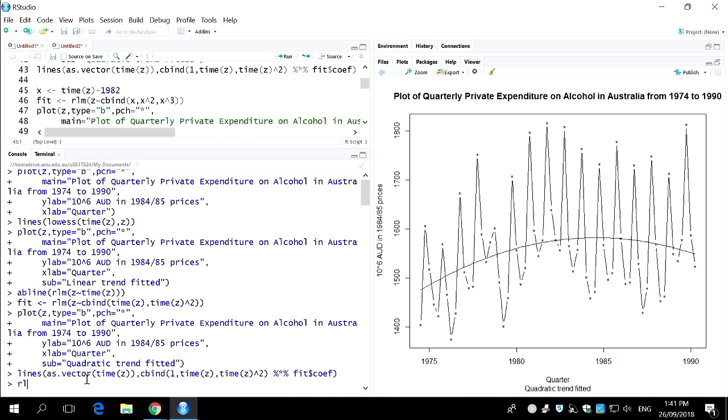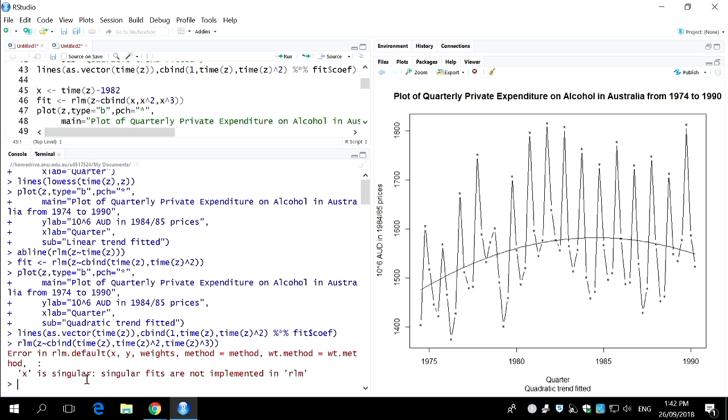So if I go rlm of z tilde cbind time of z, time of z squared and time of z cubed, right? Have I got too many brackets? Yep, there we go. No? Oh, brackets. Yep, one more.